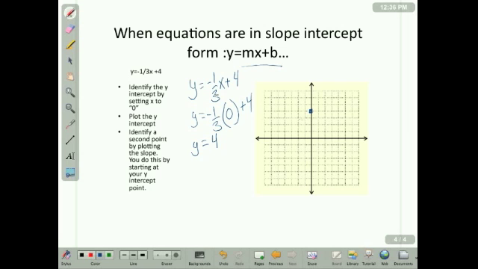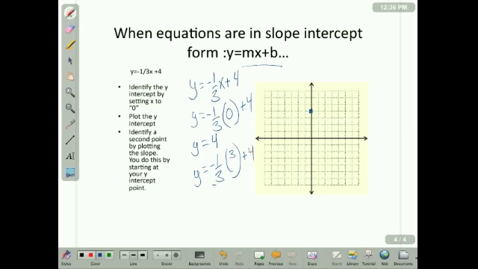Now, there's a couple of different ways to solve for this next part. We can replace the x with 3. I like replacing x with the denominator value. Since my denominator is 3, I'm going to replace x with 3 and solve.